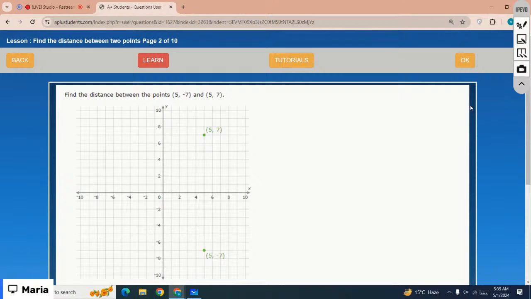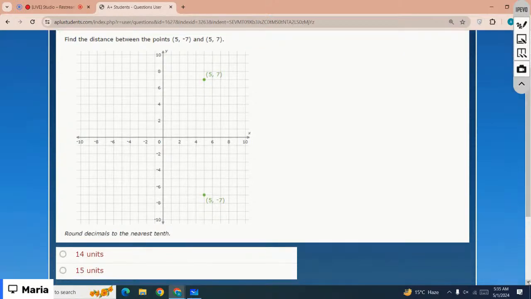Find the distance between the points 5, negative 7 and 5, 7. Which is the correct option? The correct option is 14 units.